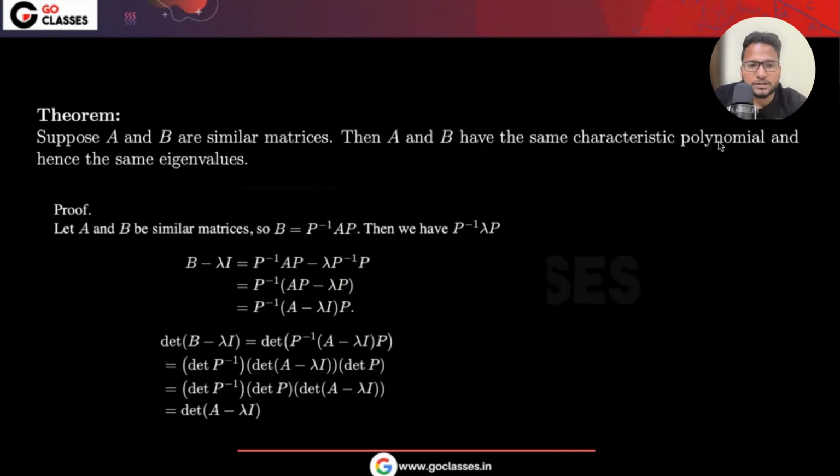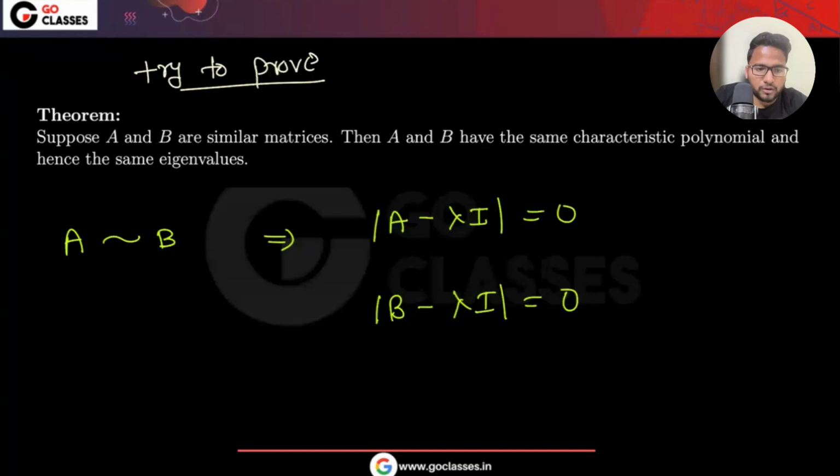Maybe I can go to the next page and try to tell you. See what I'm trying to say. If you try to find out B minus lambda I, what will it look like?